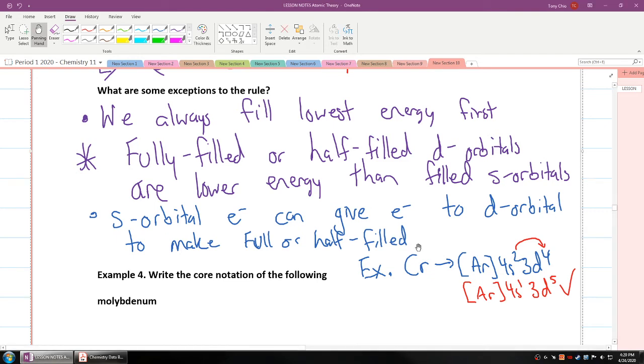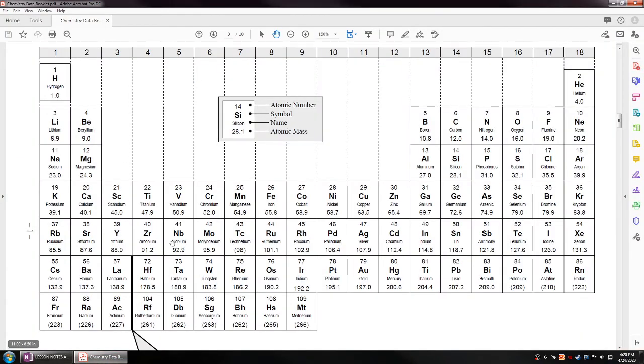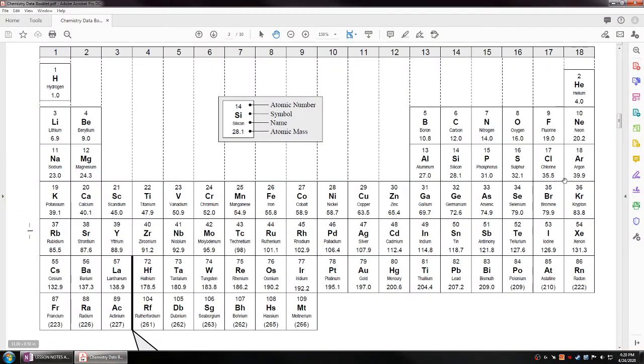So let's practice. Let's look at molybdenum. Molybdenum is located right here. If I write the core notation of molybdenum, we have krypton as its core. So we put krypton, Kr. Then next, we have 1, 2, 3, 4, 5. Remember, you can count these s and p orbitals by counting down.